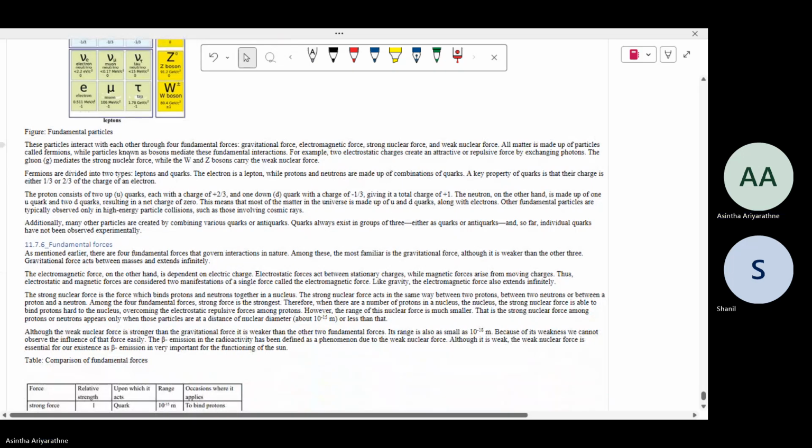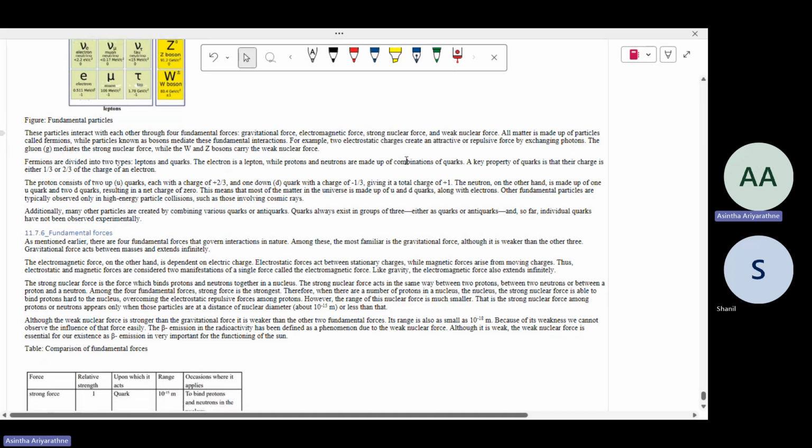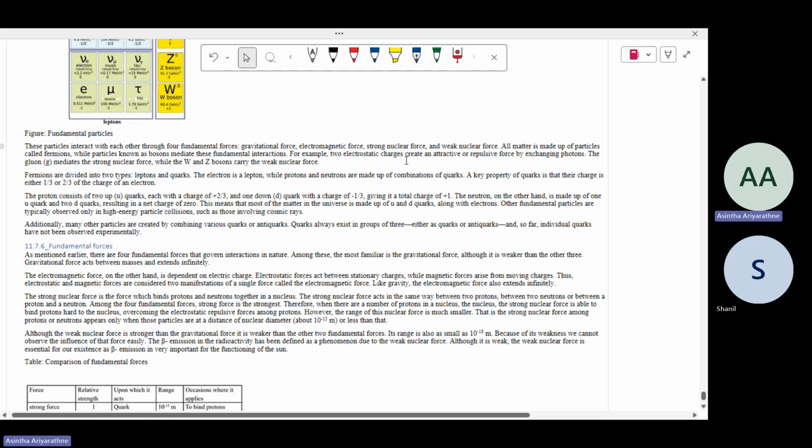Here it is said bosons mediate the fundamental interactions. For example, electrostatic charges create an attractive or repulsive force by exchanging photons. The gluon mediates the strong nuclear force, while W and Z bosons carry the weak nuclear force.